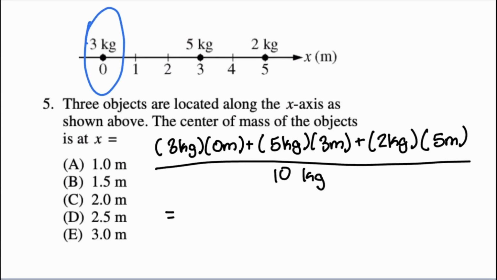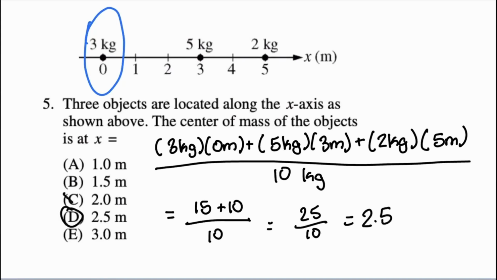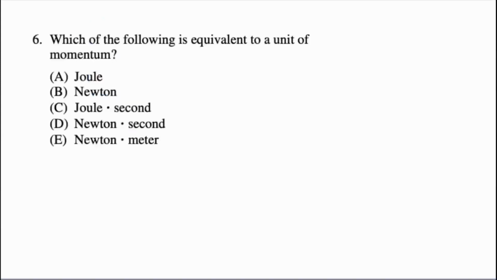Simplifying this down a bit more, we have 15 plus 10 over 10 is 25 over 10, which simplifies down to 2.5, which is D. And you may have noticed I lost the units because on the multiple choice, it's not really important. You just want a numerical answer that'll satisfy the question. You're not being graded on your work, you're just being graded on the correct answer, unlike the free response.